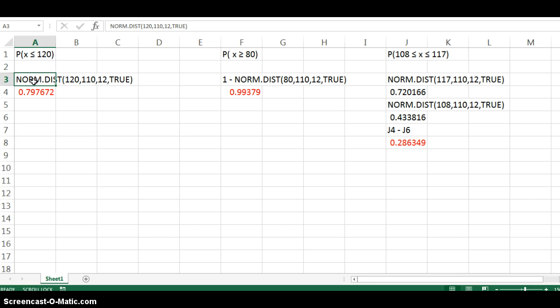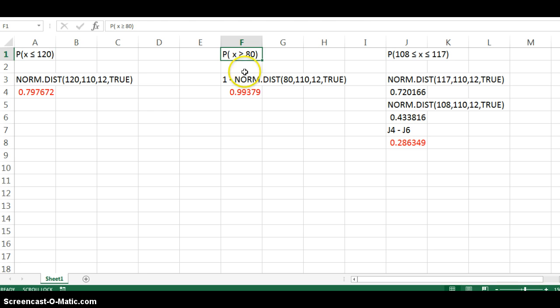You just need to type them in the formula. Use normal distribution, 120 for our x, 110 is the mean, 12 is the standard deviation, and true for cumulative. It finds the probability that x is any number from 120 on down all the way to 0. So there's a 79% chance, 0.797672, that x is less than 120.